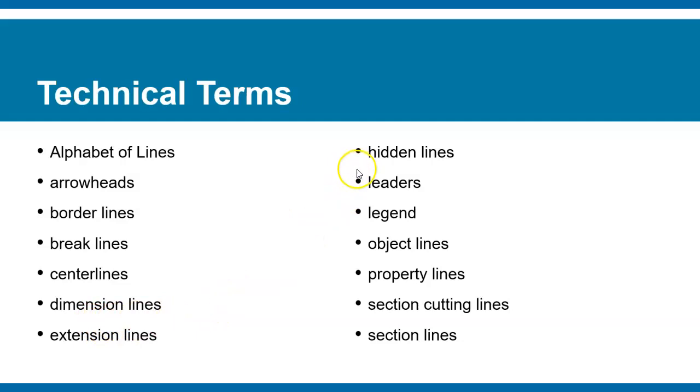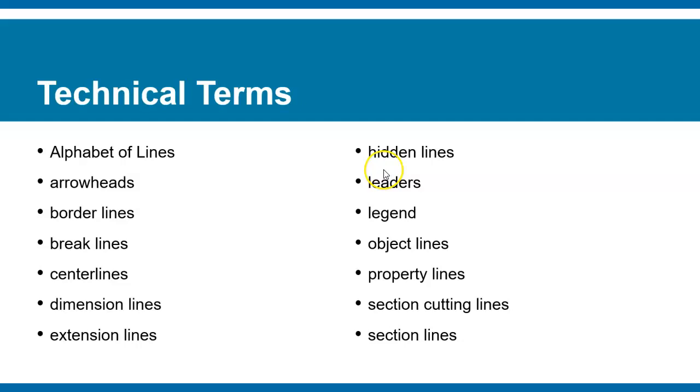Hidden lines, they are typically like a dashed line that represent a line at a different layer or elevation. If we're looking at something in a plan view, we're looking down on something, and we may be wanting to have objects that are at different elevations in that drawing, but we don't see them because they might be on top of each other, or they are not at the same level as other lines that are represented in that drawing.